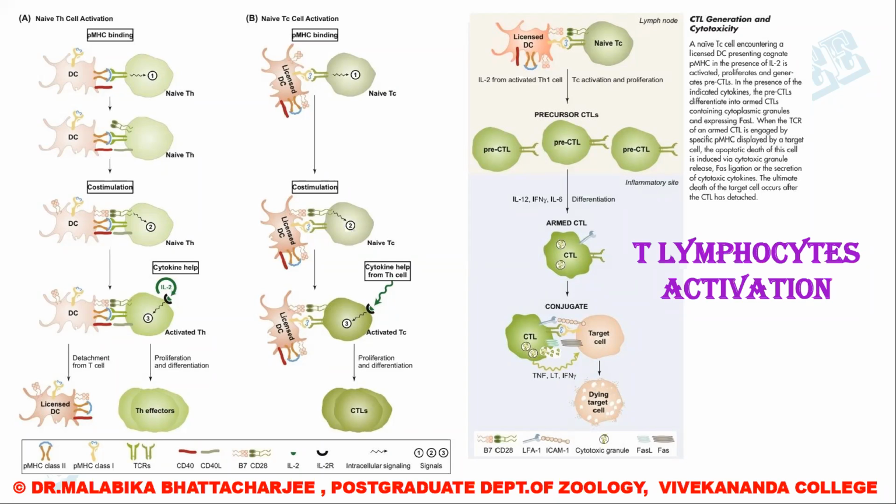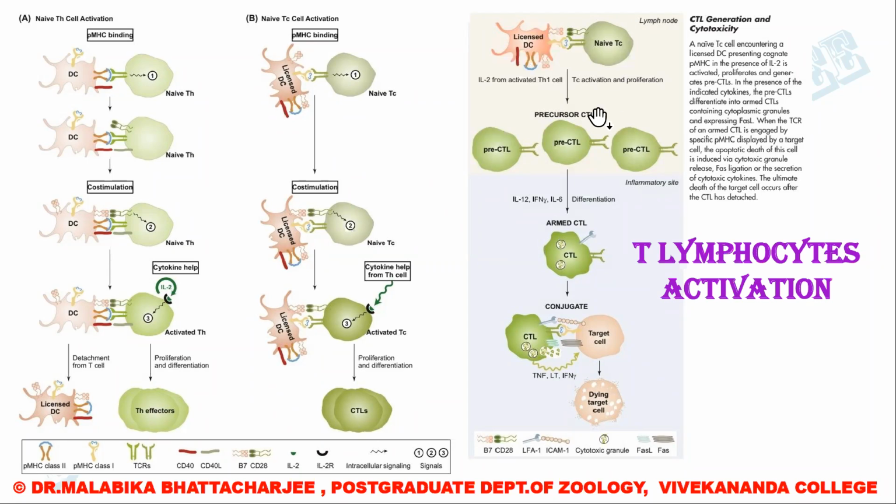The first stage is the activation of a naive T cytotoxic cell by a licensed dendritic cell in a secondary lymphoid tissue. Next, the proliferation and differentiation of the T cytotoxic cells into daughter cells called pre-cytotoxic lymphocytes. So this is the first stage.